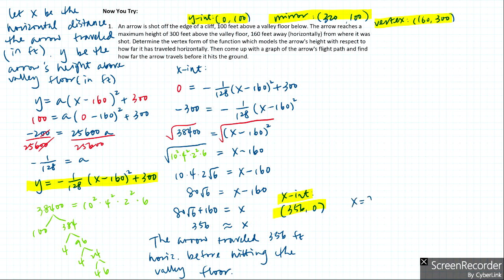So when x equals 80, we get y is equal to negative 1 over 128 times (80 minus 160) squared plus 300. And you can use a calculator to go through this process over here. You will get negative 50 plus 300, which is 250 feet.